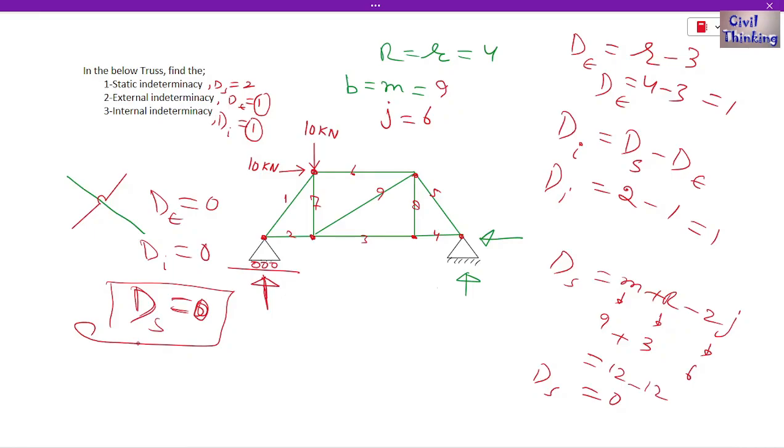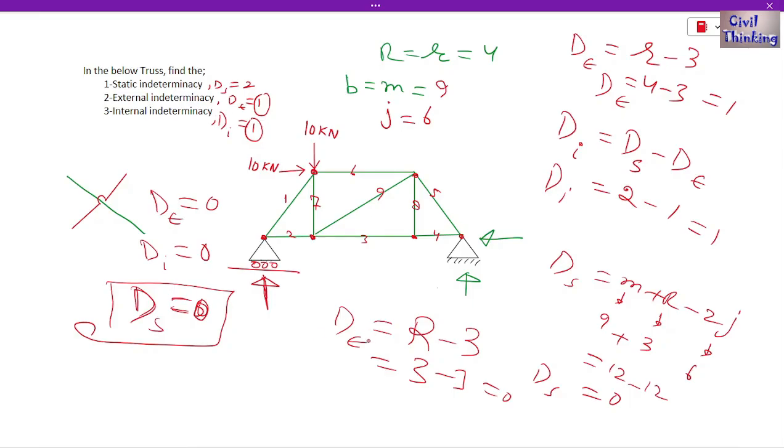Now let us check if the external indeterminacy is 0 after the fix. External indeterminacy is the number of reactions minus 3 in the case of a 2D truss. Now how many support reactions do we have? 1, 2 and 3. Minus 3 is 0. So very good. Yes, the external indeterminacy is 0.